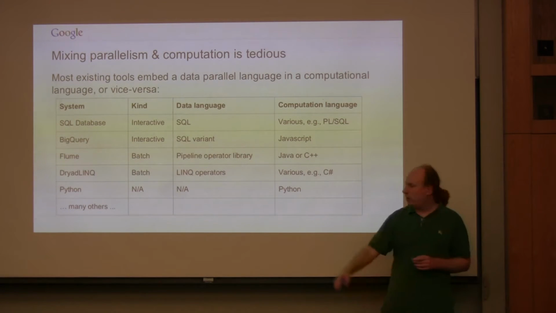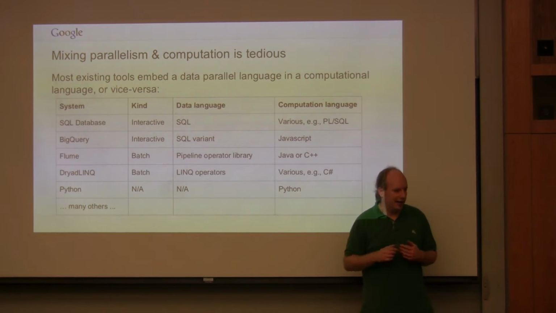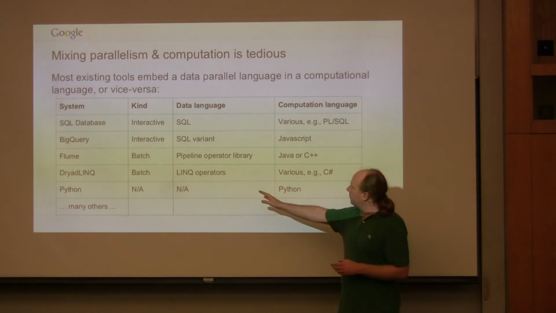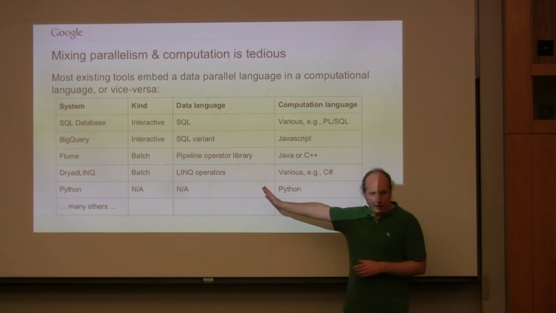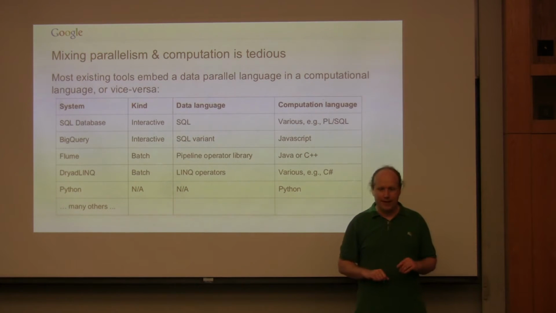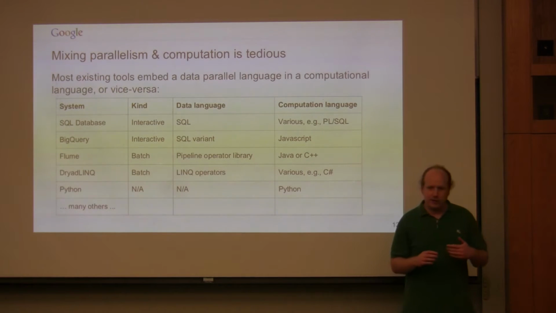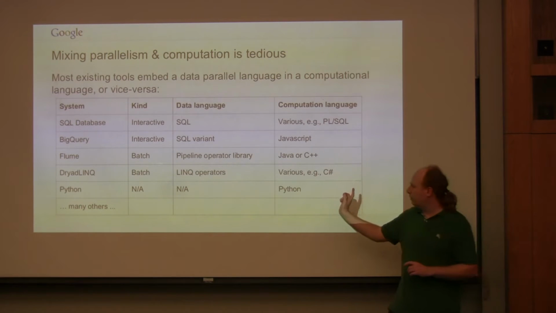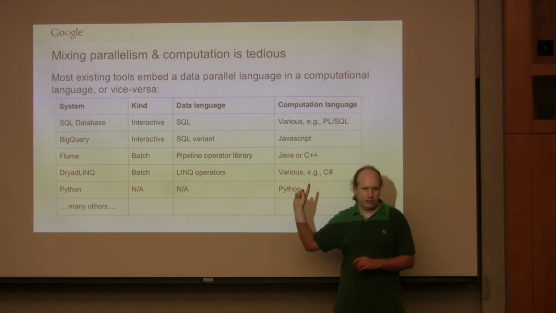One problem that basically all systems out there have is they distinguish between the language you use to express your data parallelism and the language you use to express your computation. This is very annoying because if you ever decide to move something between one domain and the other, you basically have to rewrite it.